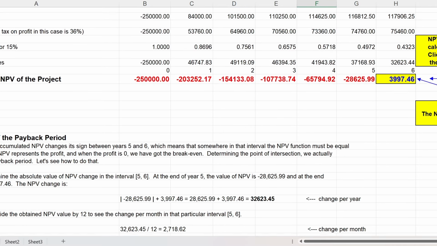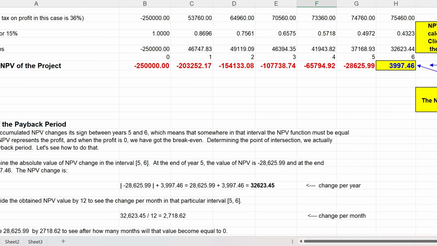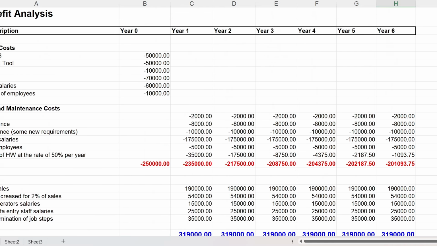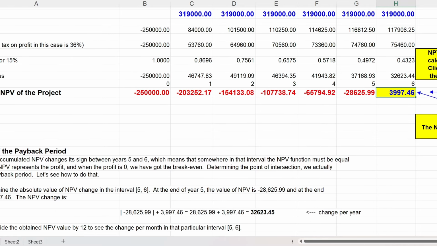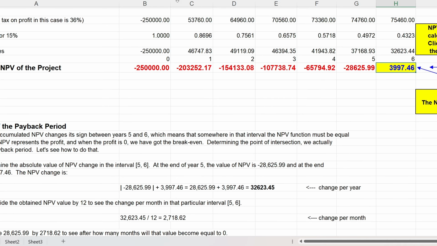Okay, now let's look at this part, which was how to calculate the payback period. Okay, so this is the part where it turns positive, which is in year 6, as we can see here at the top. Okay, but we want to know how many months it is going to take us. How do we do it? As I mentioned earlier, let me just draw here. So we take the value where it turned positive here.